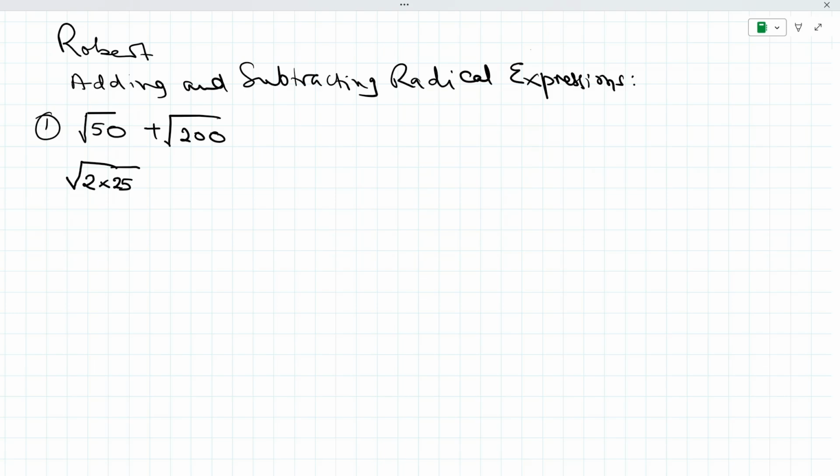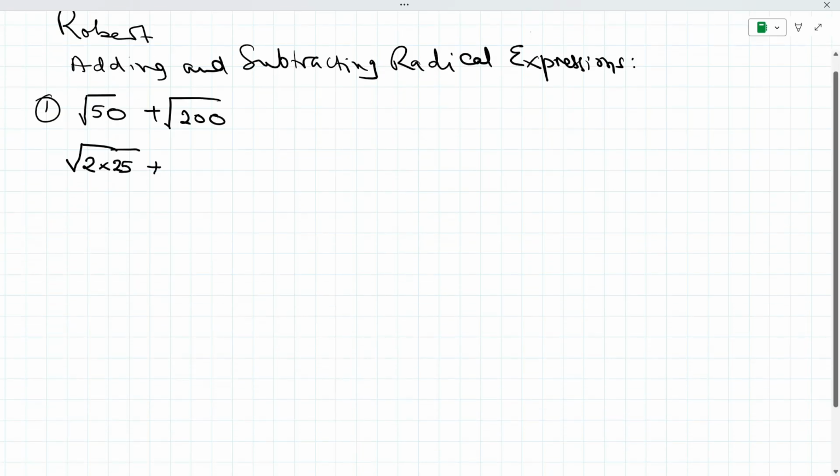In this case, 2 times 25 would really do because we can find the square root of 25. And we look for two factors of 200 where one of them has a square root that gives us a whole number. So this would be 2 multiplied by 100.